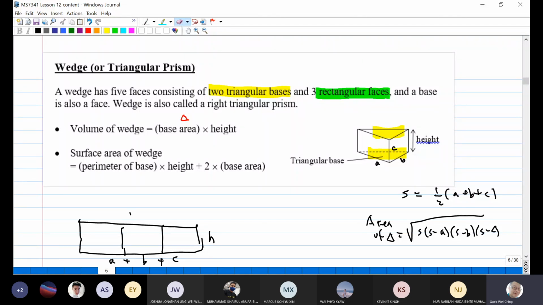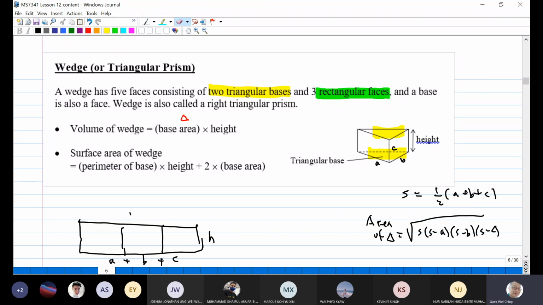The sides, the lengths of the triangle, let's say they are A, B, C. The volume of a wedge is the base area times height. For the base area, you know how to find the area of a triangle.